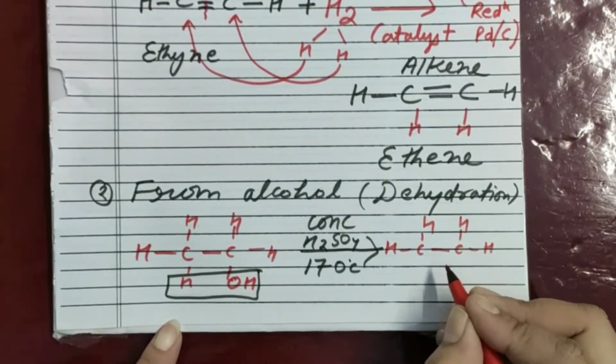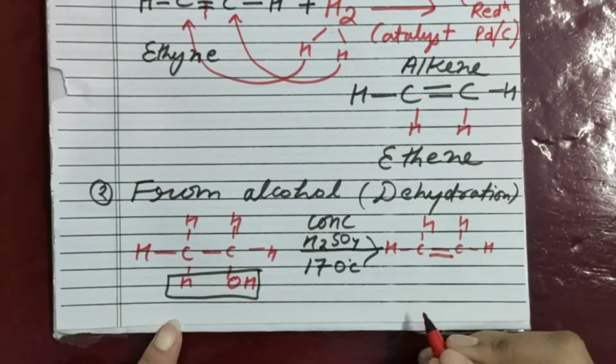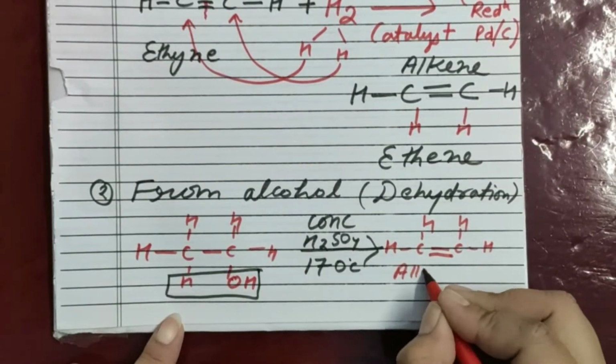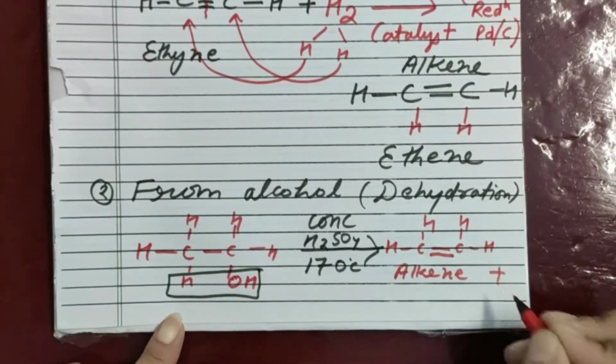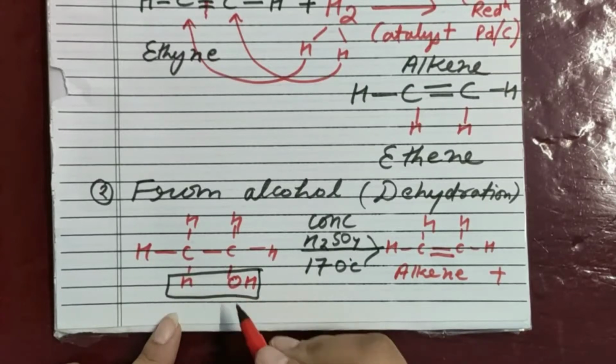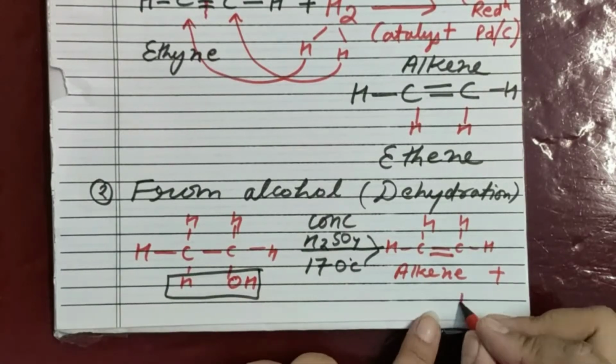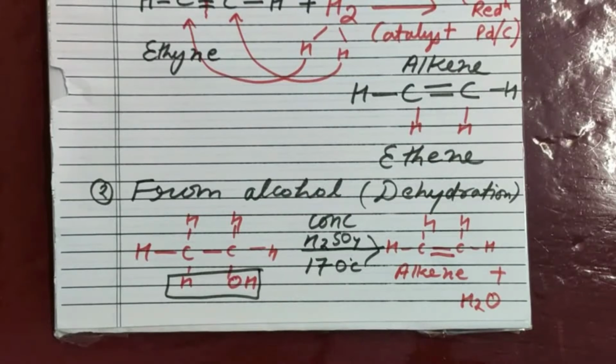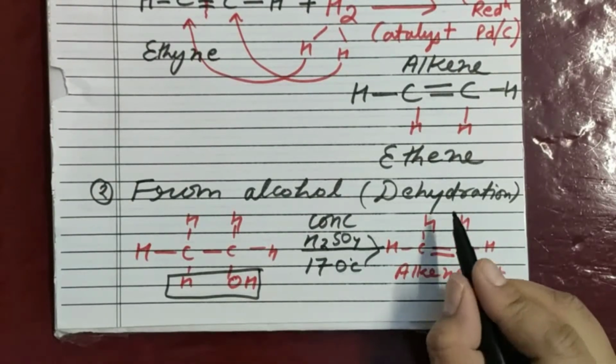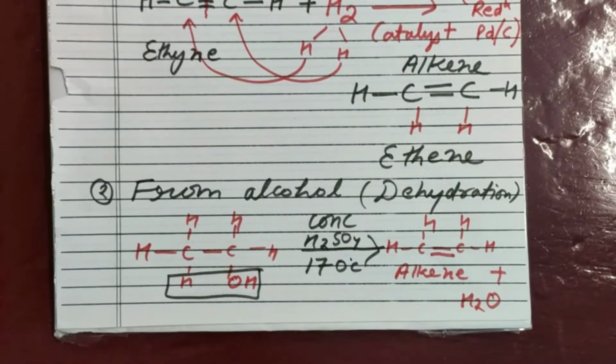With bond satisfaction, there will be formation of a double bond here. So alkene will be formed. And this is the removal of HOH, that is water. Since from the compound you are removing water, that is why the reaction is called dehydration reaction.